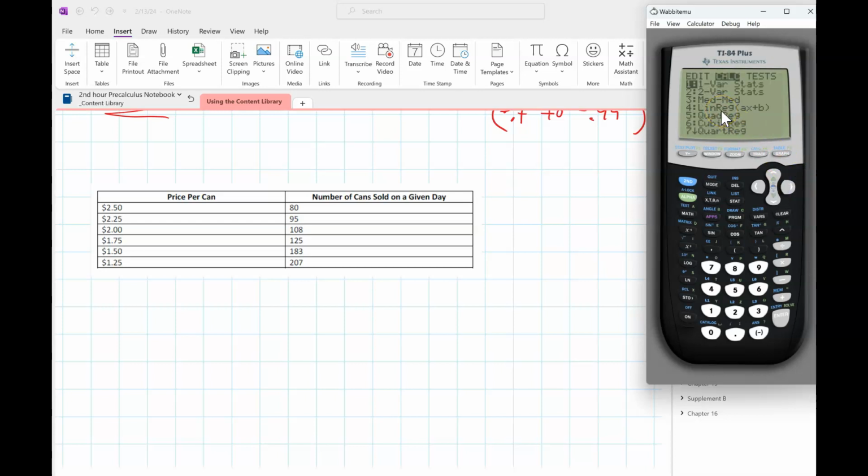And I'm going to choose the option LinReg, ax plus b. So I press that and I press enter. LinReg, ax plus b.